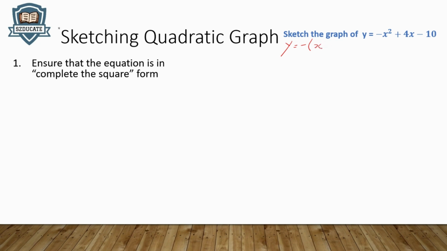Negative bracket x squared minus 4x plus 10 after I take out the negative. y equals negative, big bracket, x minus 2 squared minus 4 plus 10.